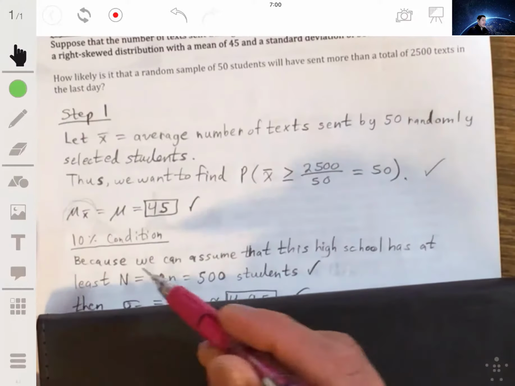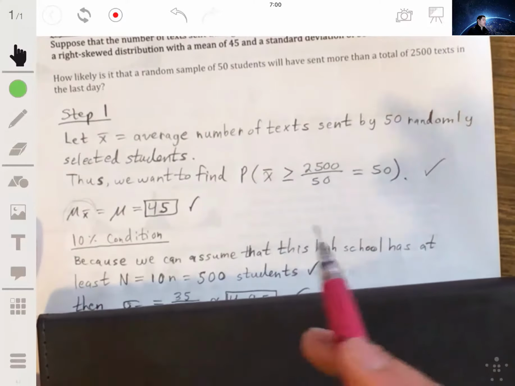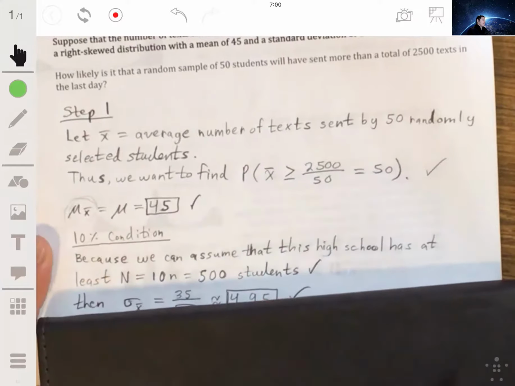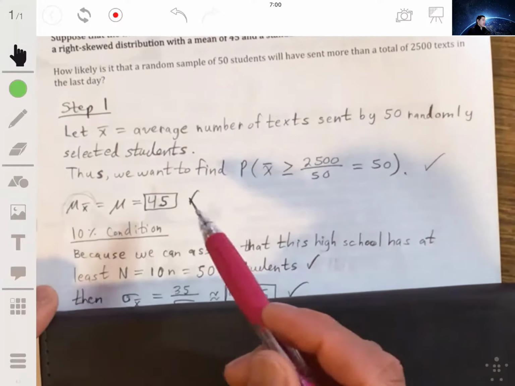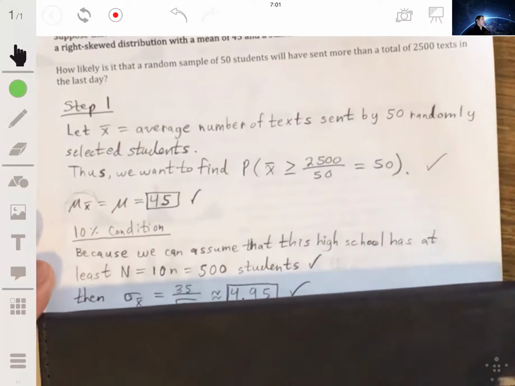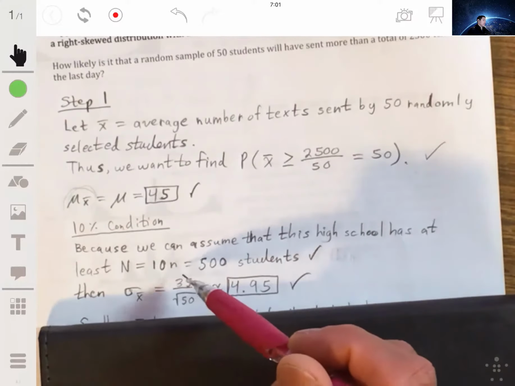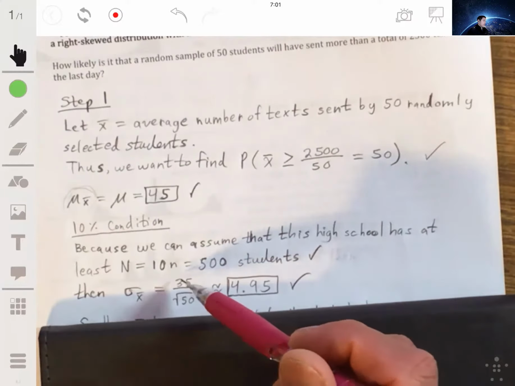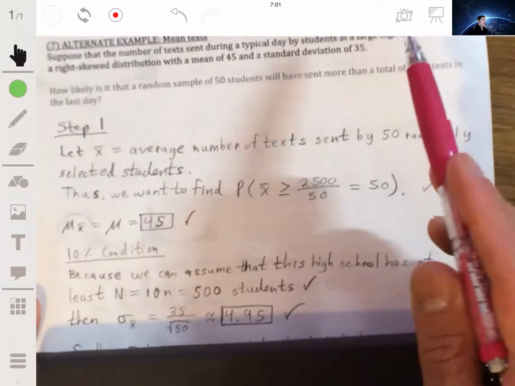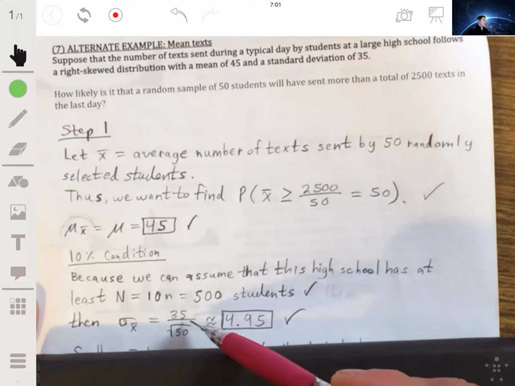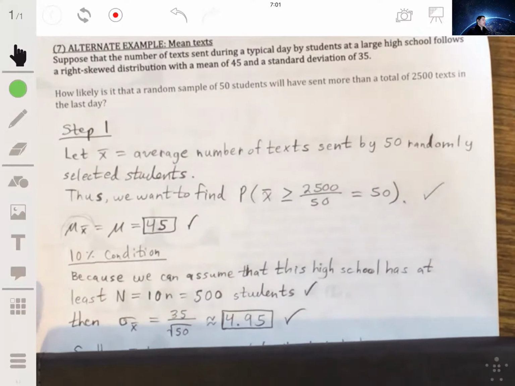So the population N is at least 500. Now, because of that, we can use our standard deviation formula for the sampling distribution of X bar, which is equal to sigma, the population standard deviation, 35, over the square root of n, the square root of 50. We'll get about 4.95.